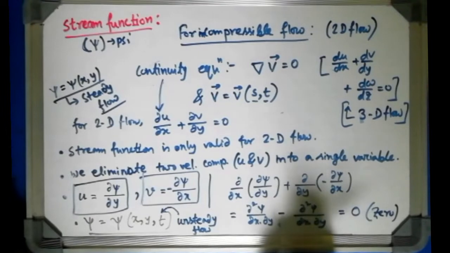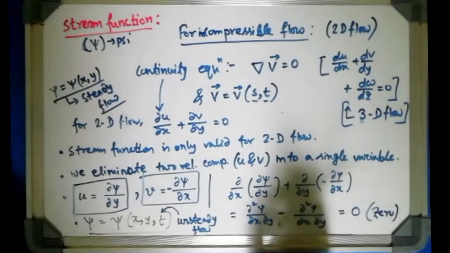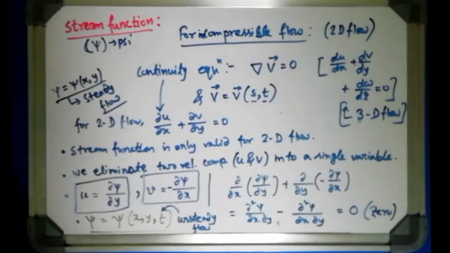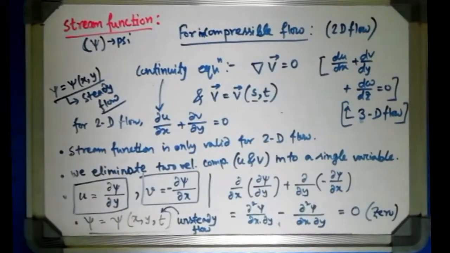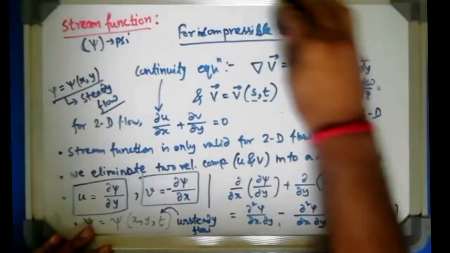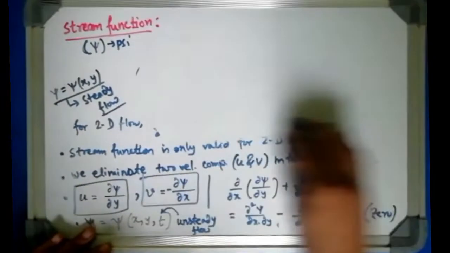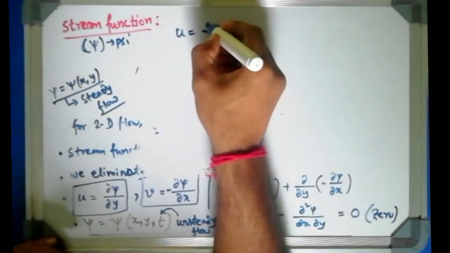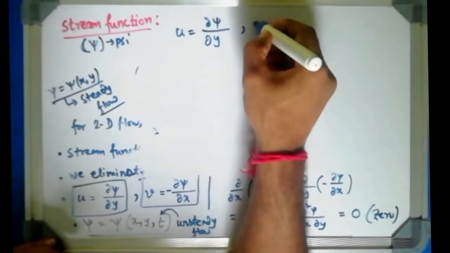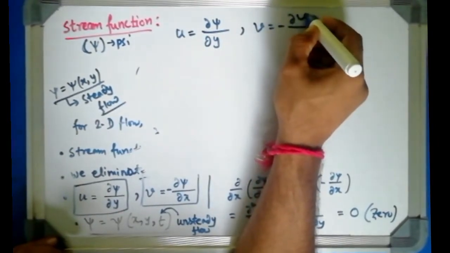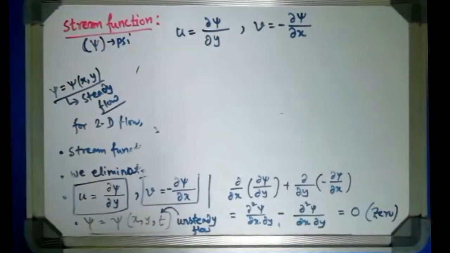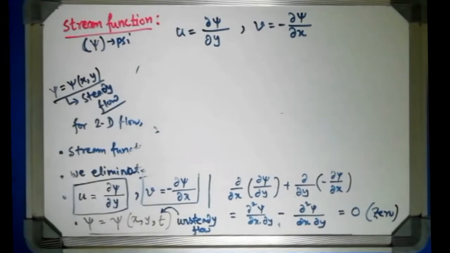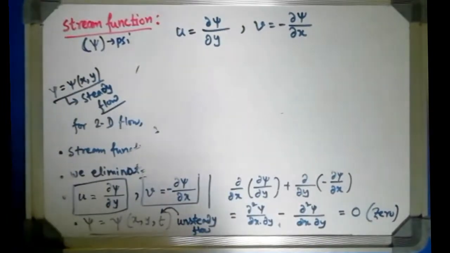So from there, if we conclude the property of a stream function, it can be written this way. Now u can be expressed by del psi del y and v is expressed by minus del psi del x. And we have already made clear the purpose of stream function. It is helping us to convert a continuity equation into one variable. It is now clear.